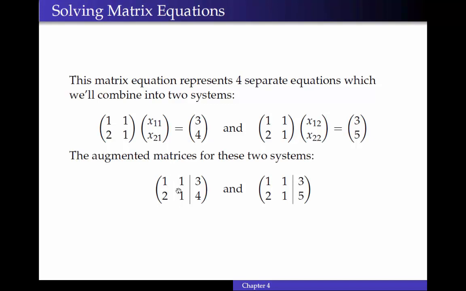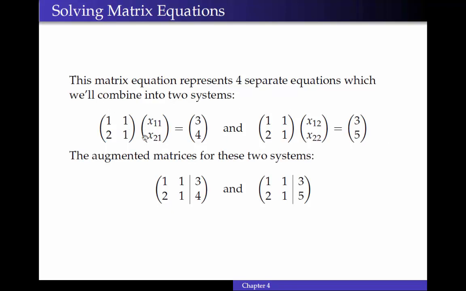They both have the coefficient matrix A on the left-hand side, and they just have two different right-hand sides, the first and second column of B. Now it's important for you to see that this setup is indeed true.